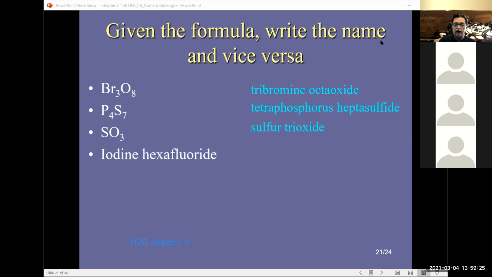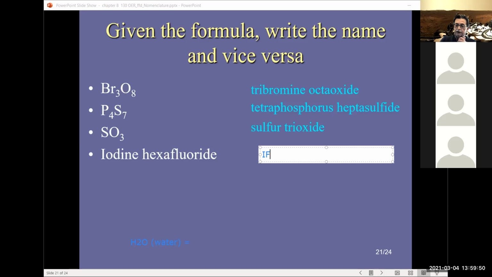And so we have here iodine and then hexafluoride. The base formula would be iodine, which is I, and then fluoride, because the IDE tells you that the fluorides are bonded to the iodine. Now, once you got that, you go back to the prefixes.